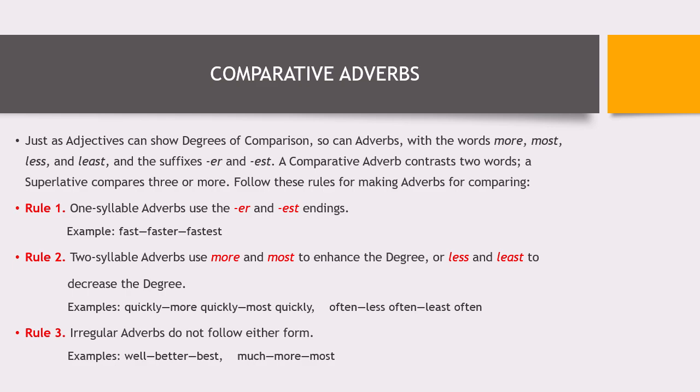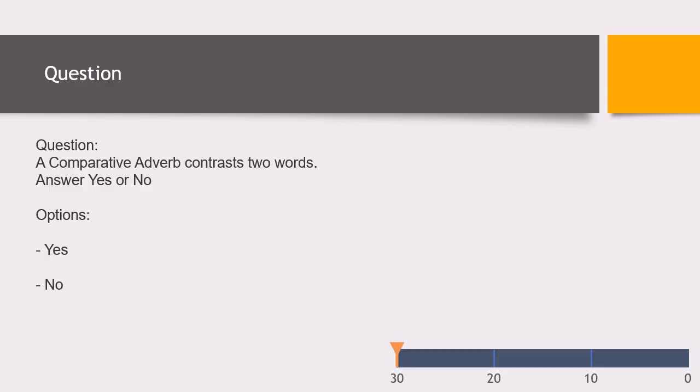Examples: quickly, more quickly, most quickly. Often, less often, least often. Rule 3. Irregular adverbs do not follow either form. Examples: well, better, best. Much, more, most.